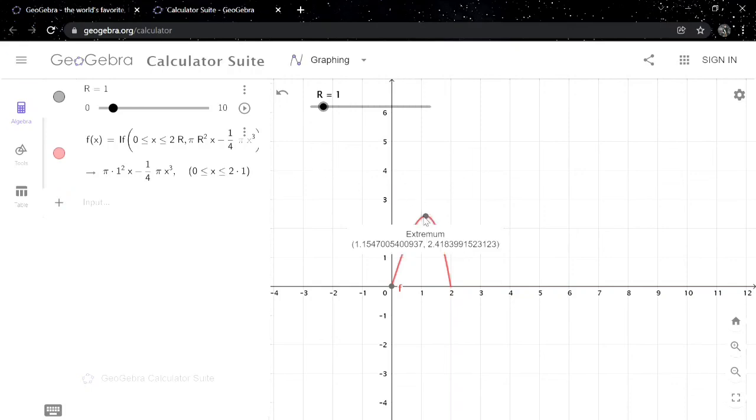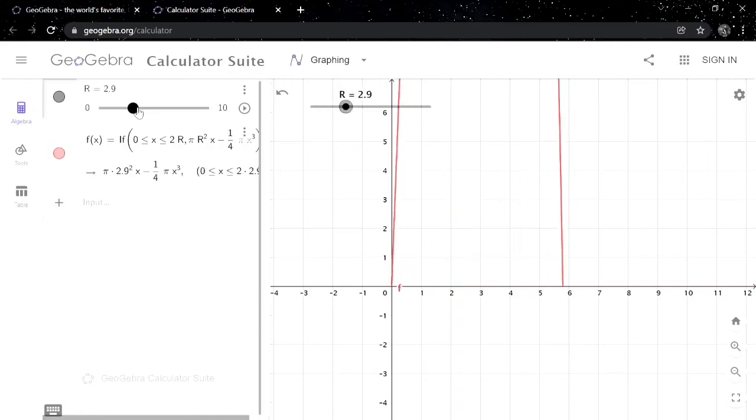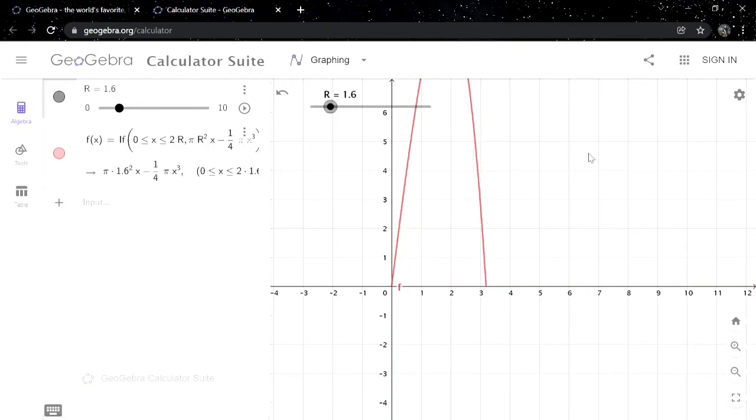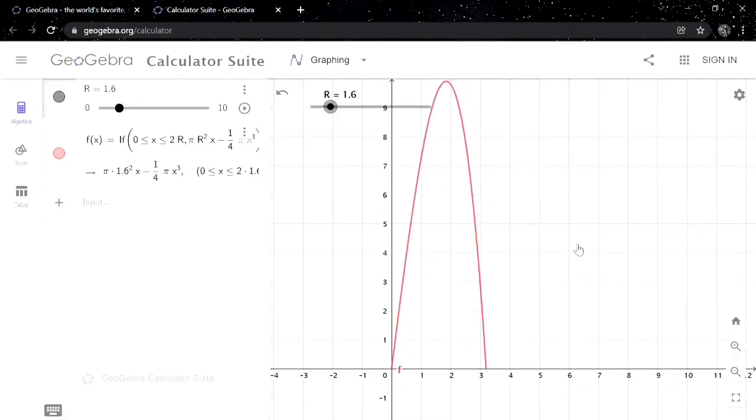We can look at the graph. Then we can also change the value of r to see the change of the maximum point that we got. Okay, I think that is my visualization of our function with GeoGebra.